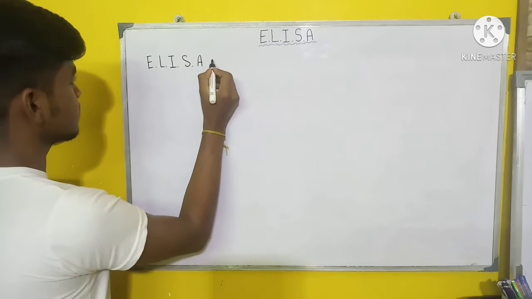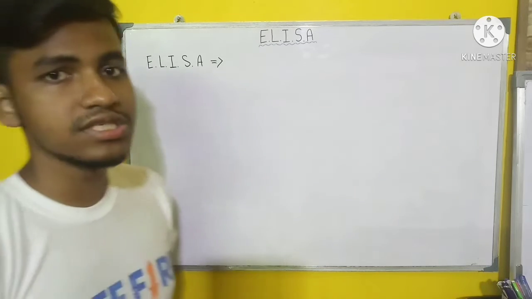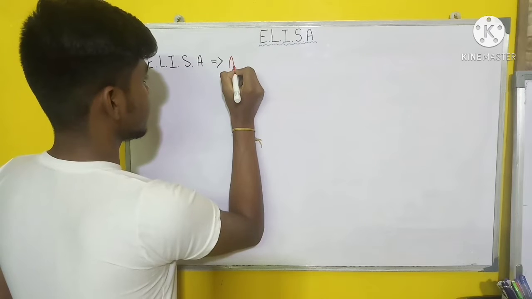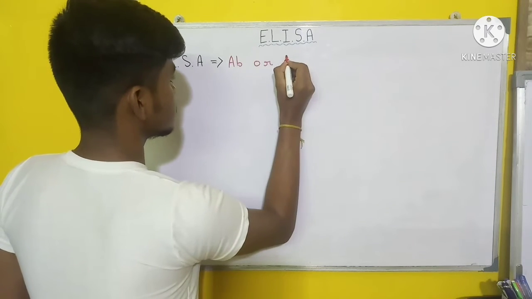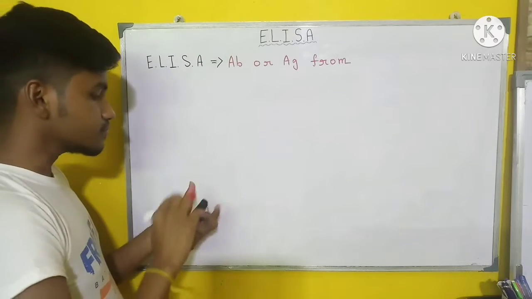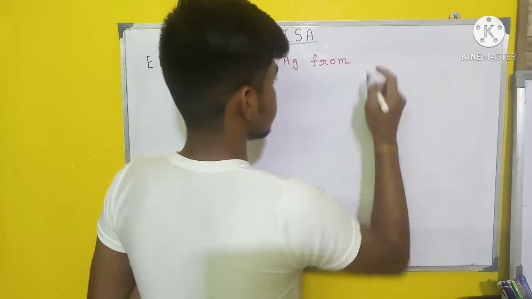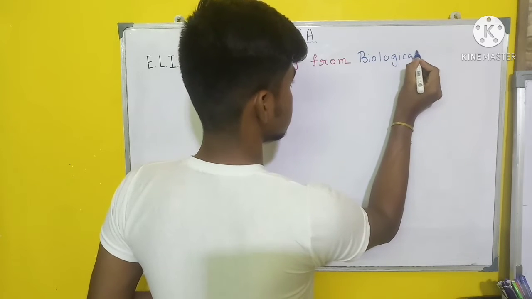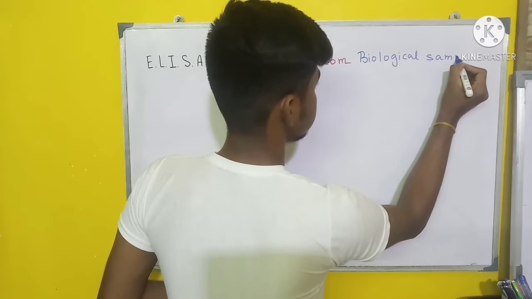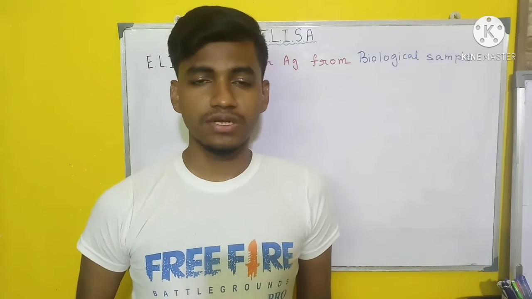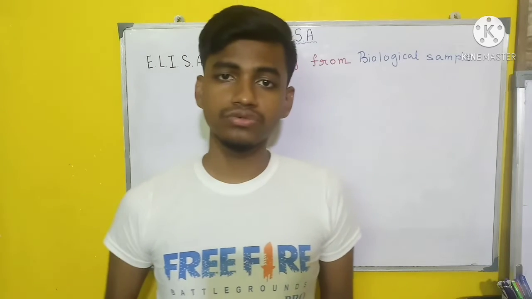Enzyme linked immunosorbent assay is an immunological technique which we use to detect a particular antibody or a particular antigen from a biological sample.